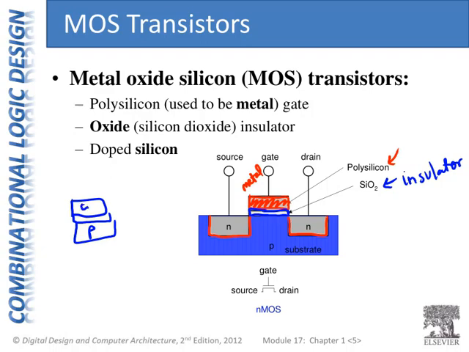So we have a conductor, an insulator, and another conductor, semiconductor, P-doped silicon. And that looks a lot like a capacitor.